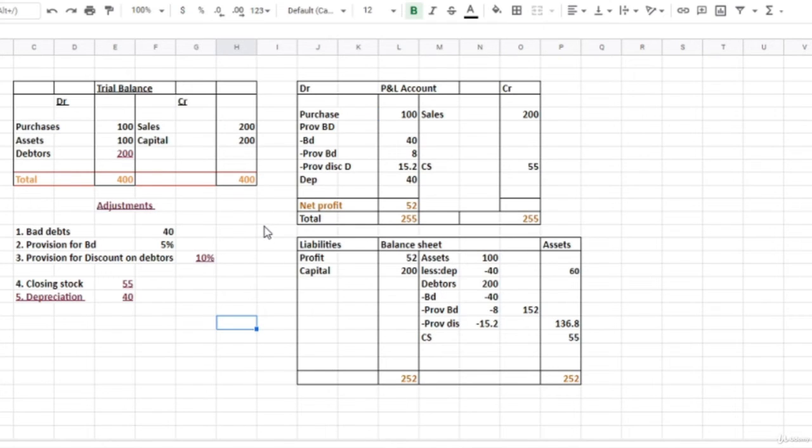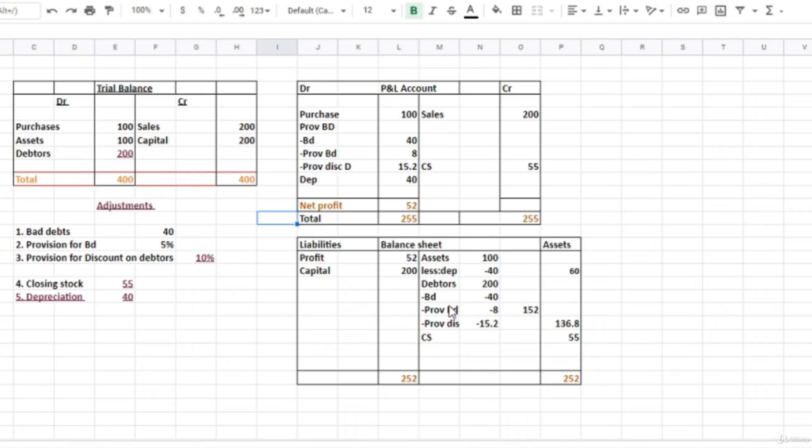The reason why the final accounts are tallied for these adjustments is that all those adjustments which we have entered in the debit side of the P&L account are also removed from the asset side of the balance sheet. That is, you can say the debit side of the balance sheet.